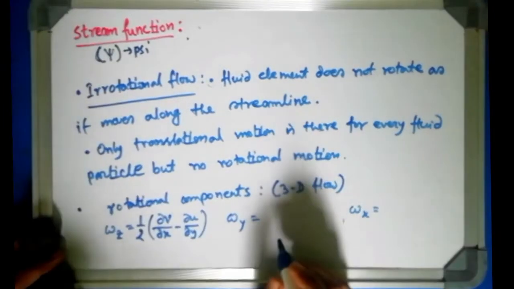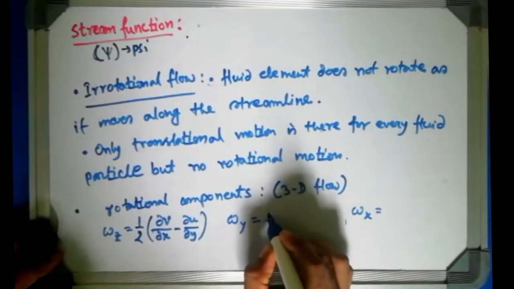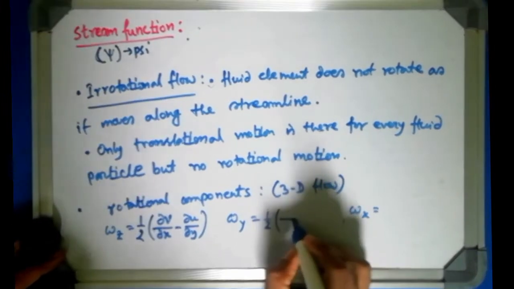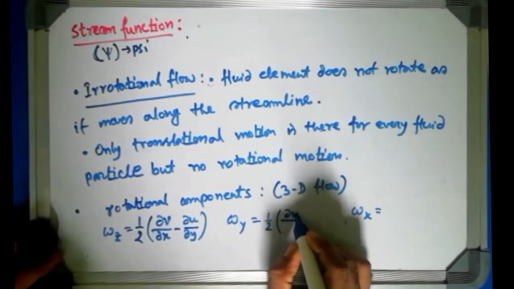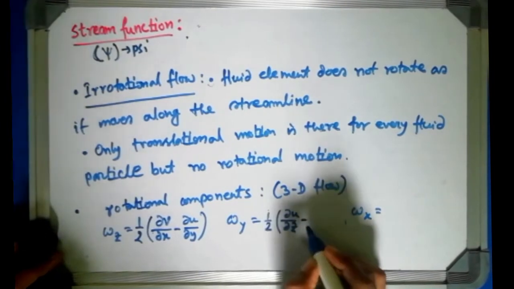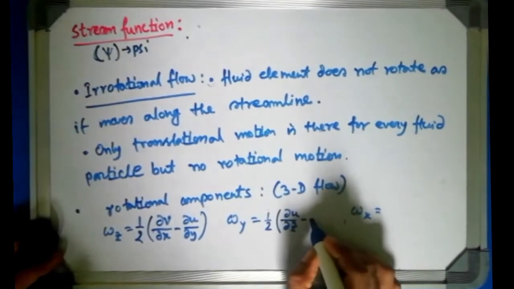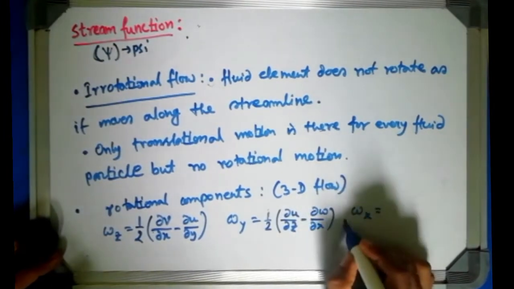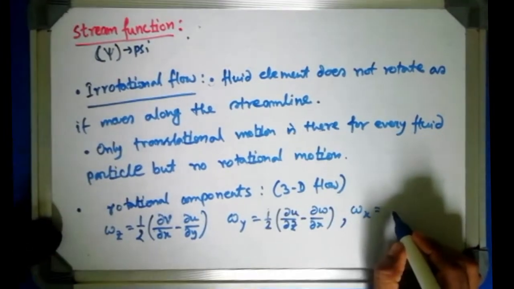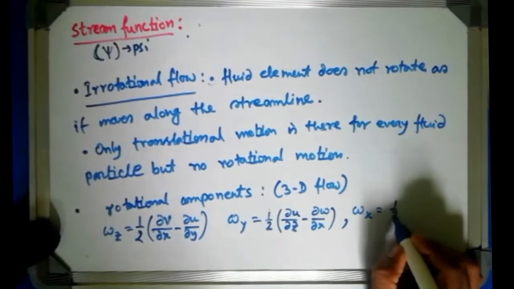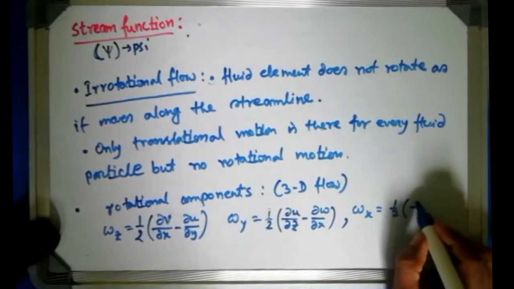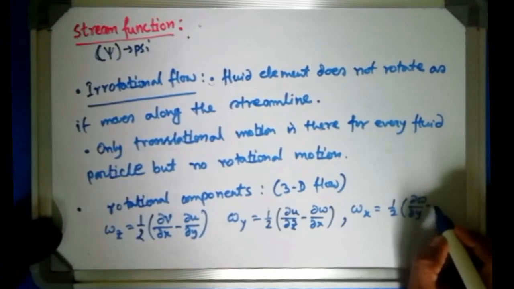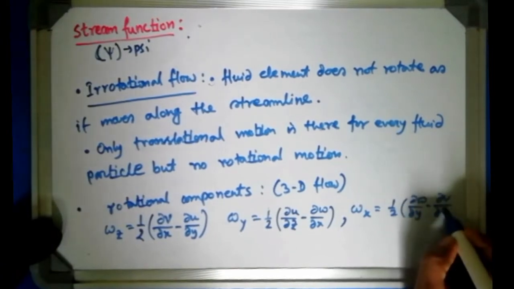Omega y can be written in the same pattern, half into del u del z minus del w del x, and omega x can be written in the same pattern, half into del w del y minus del v del z.